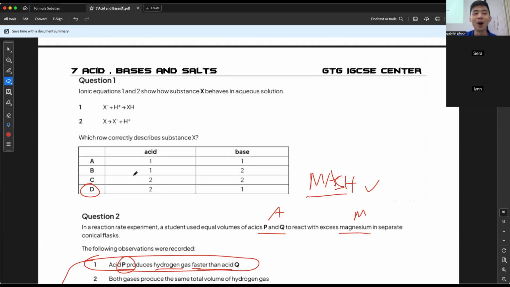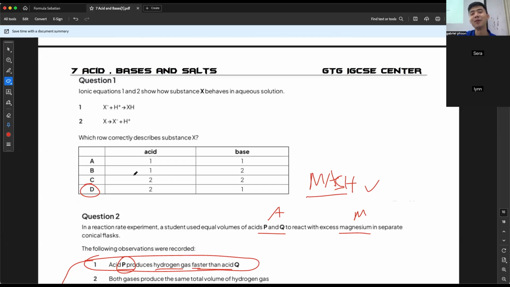Why is number 1 a base and number 2 an acid? The product. Okay, explain a little bit more. You said a wild guess, my guess. Can it be a little bit more elaborated, the wild guess?